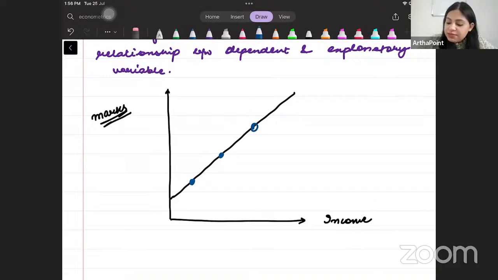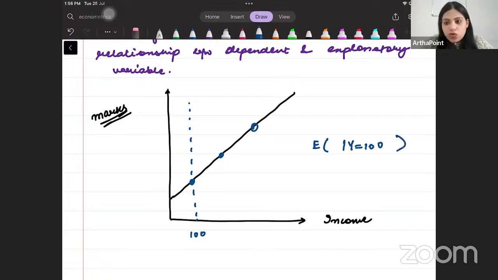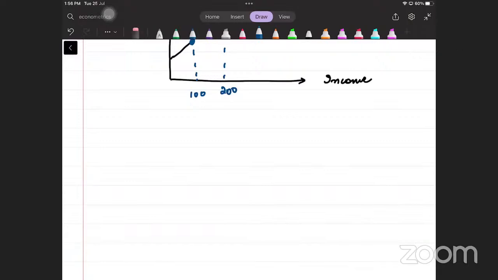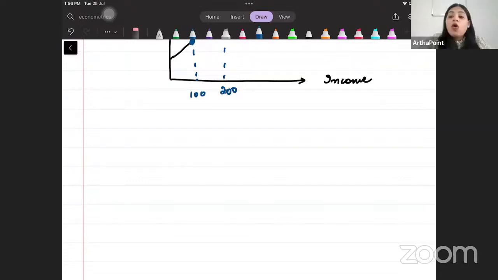We would say that beta, given income is 100, what is the average marks scored by the student? Similarly, given income is 200, what is the average marks scored by the student? And so on and so forth. So when we talk about population regression function, we always talk about conditional expectations.